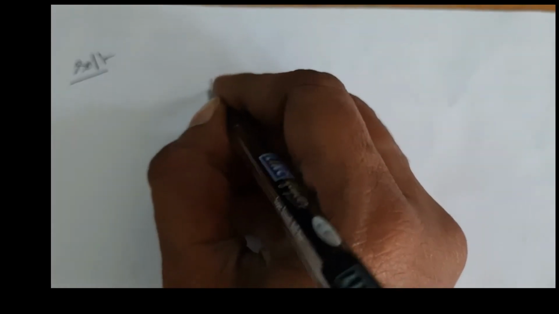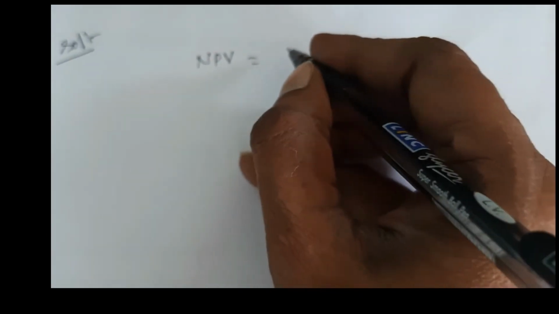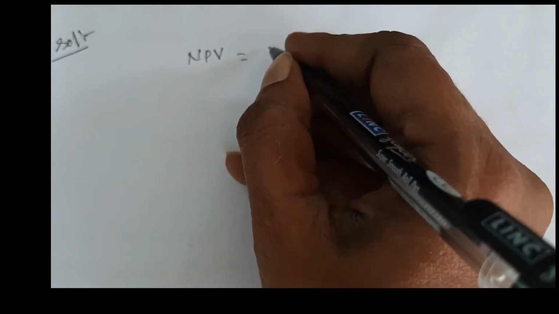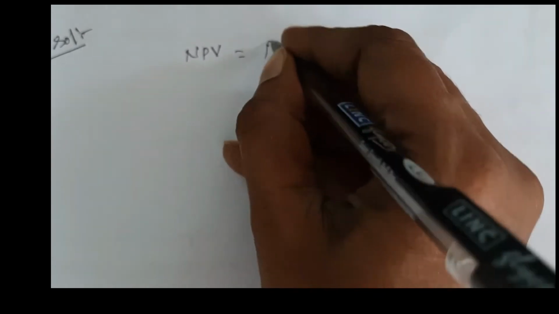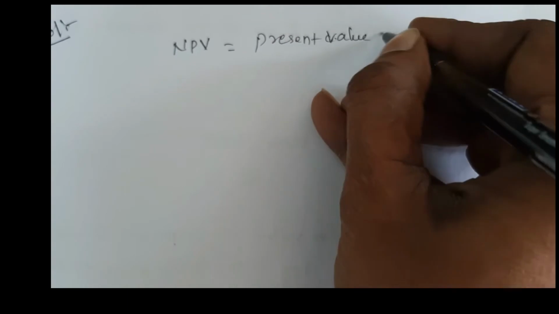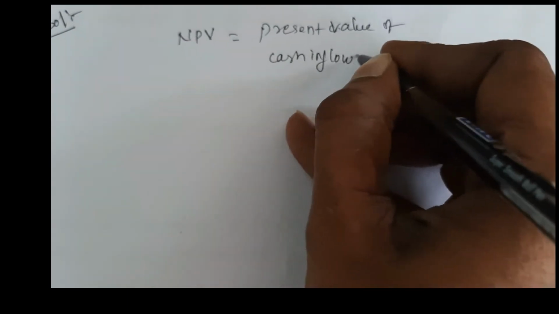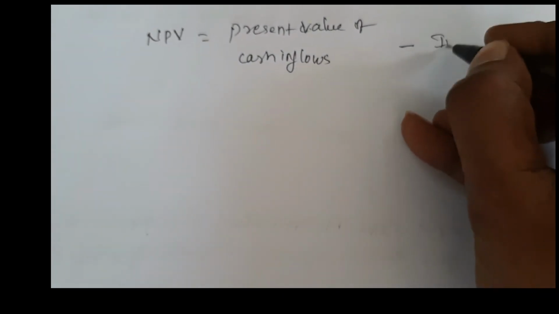So we will see the solution. First of all, we'll see the formula for calculation of NPV. NPV will be derived through the formula: present value of cash inflows minus initial investment.